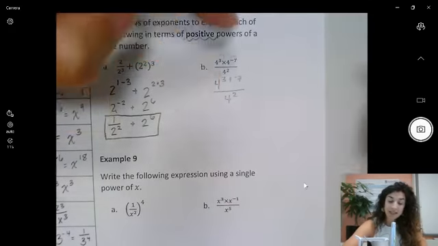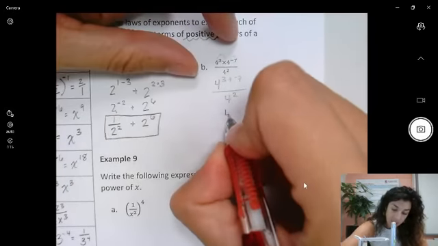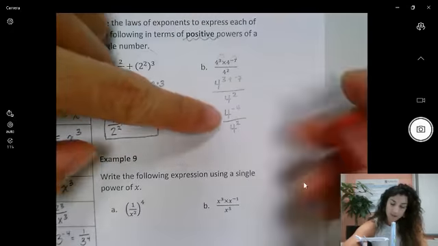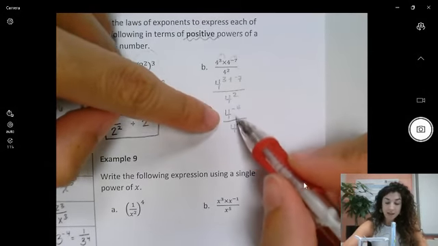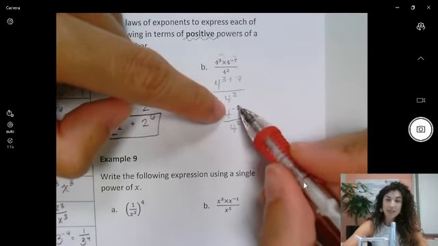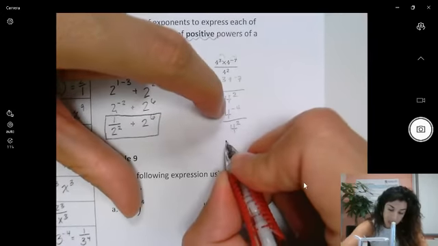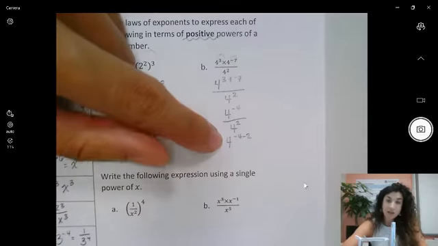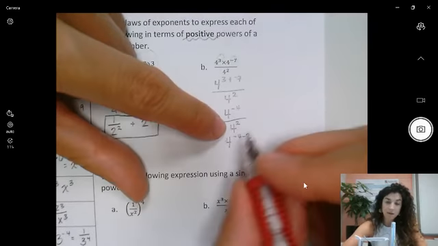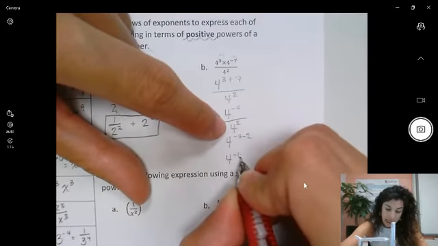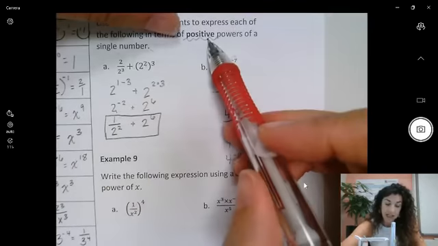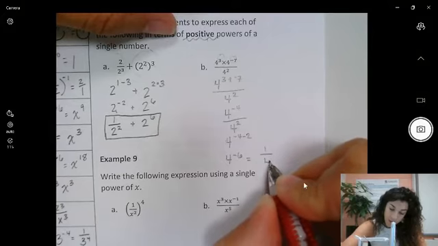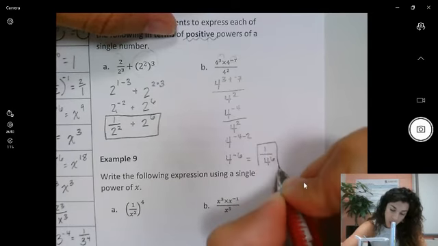Adding a negative number makes it a subtraction, so that becomes 4 to the -4 over 4 squared. Dividing with exponents, same base, you need to subtract these exponents, so that becomes 4 to the -4 minus 2, which becomes 4 to the -6. Again, we still need it to be positive, so I'm going to turn that into 1 over 4 to the 6th power.